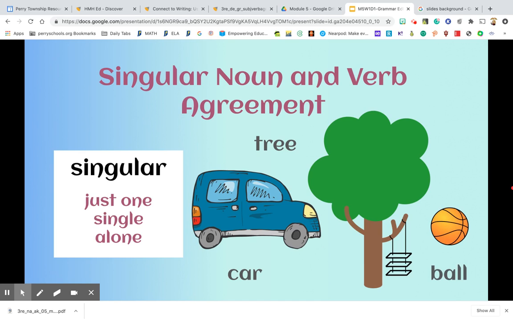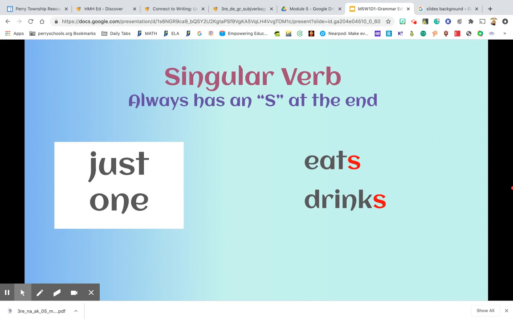All of those are talking about just one object. When we are looking at a singular noun, the verb that goes with it will always have an S at the end. So it is talking about just one.